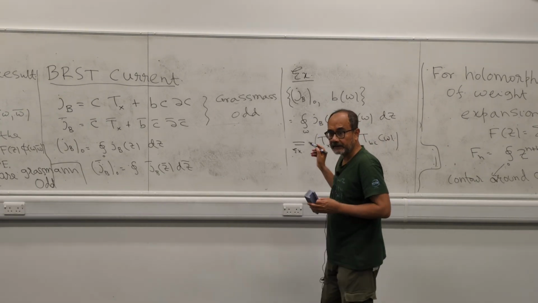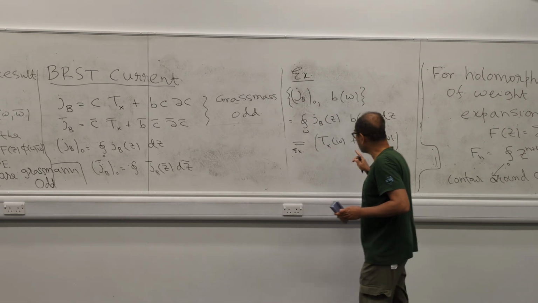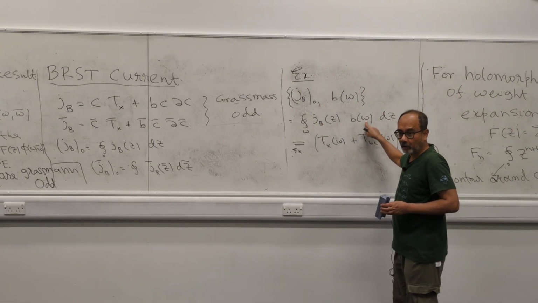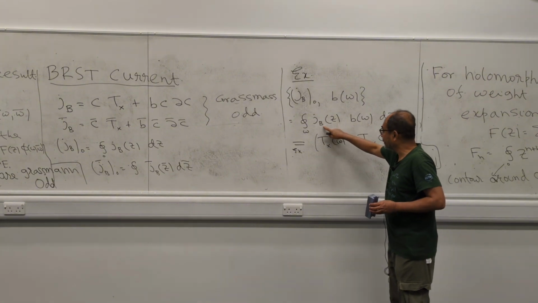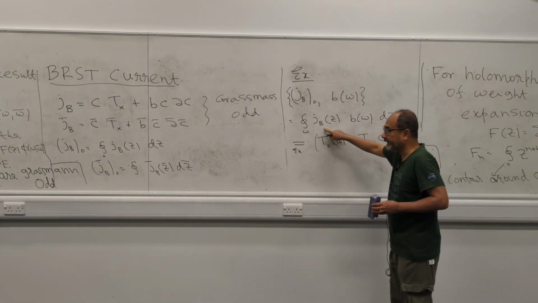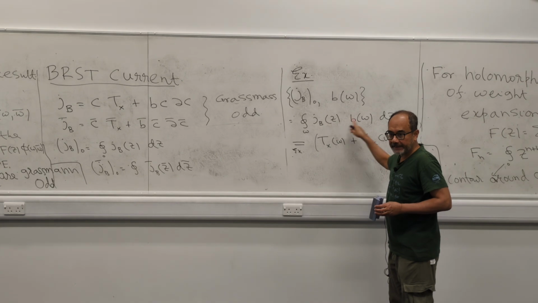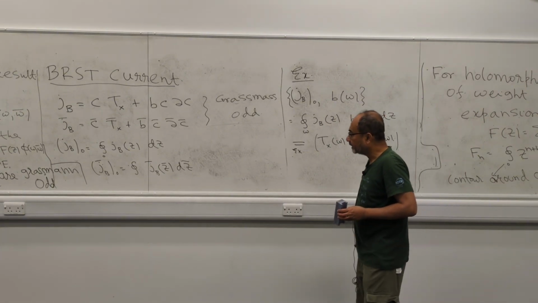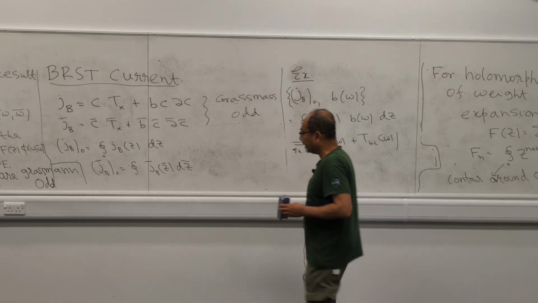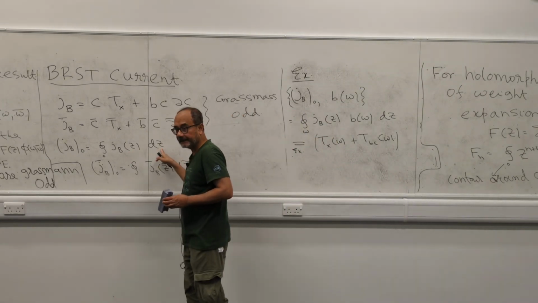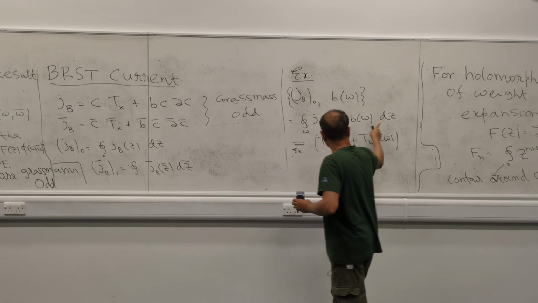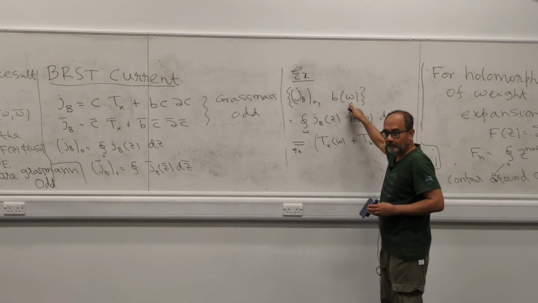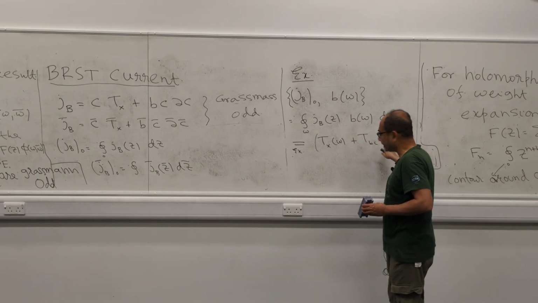Here w is an arbitrary coordinate. The zero component refers to the fact that you are doing the integral of J_B(z) dz. So J_B0 is the integral of J_B(z) dz, that's what I am using here. But this should be a function of w, and that's what we are seeing here.